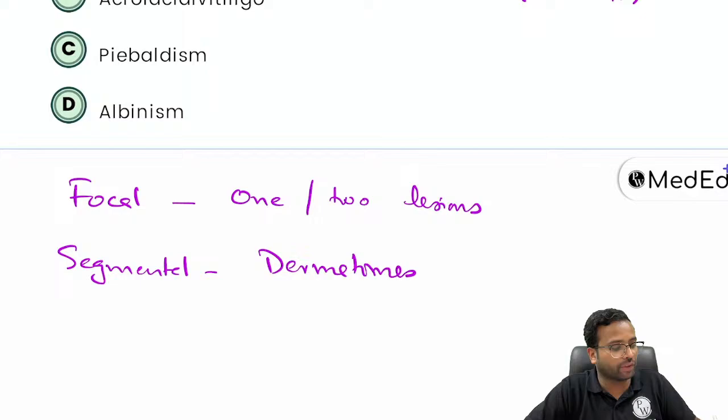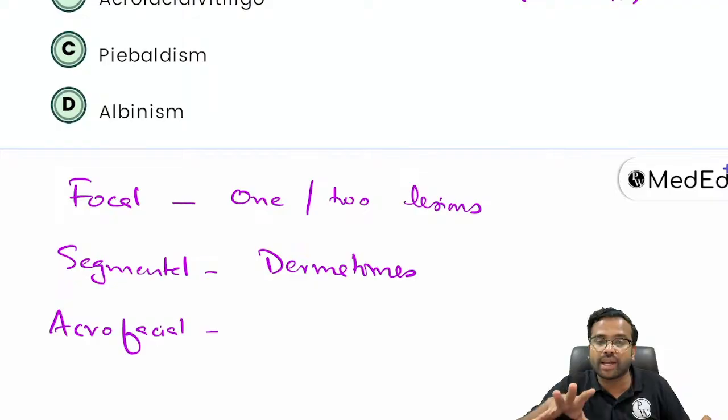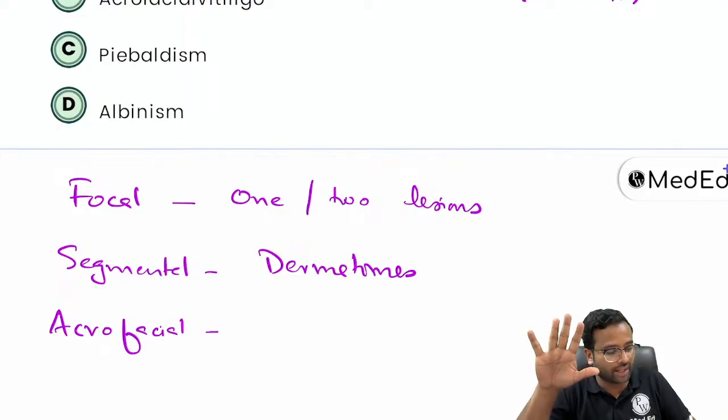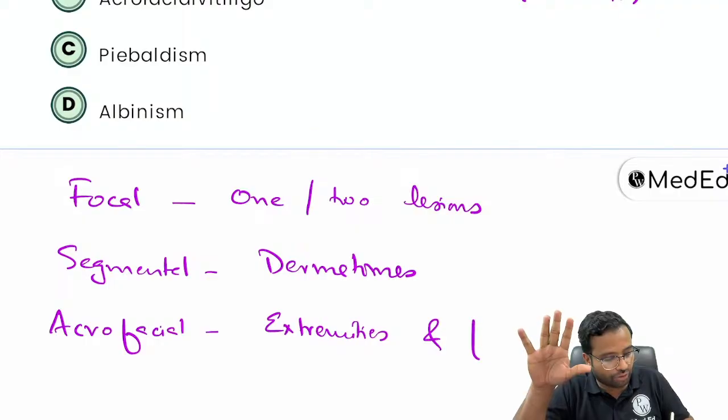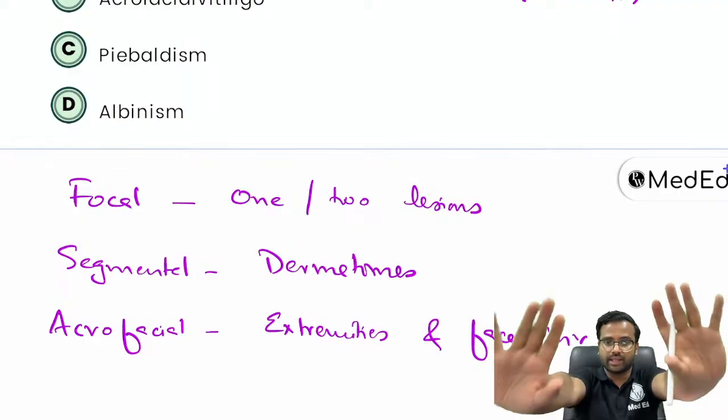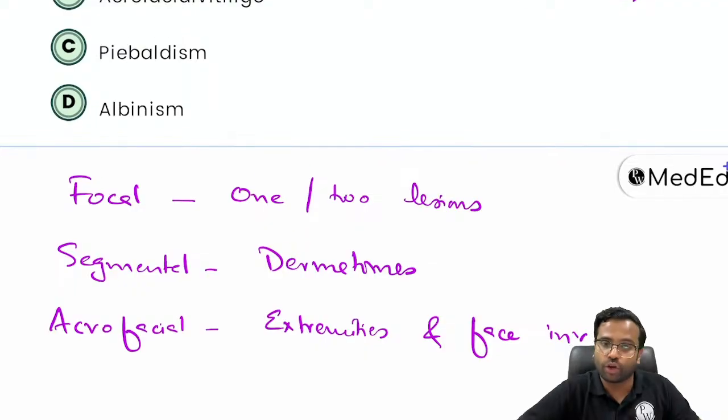Another type, which we can see in the options itself, is acrofacial. Acral means extremities and facial means face, so when the face and the extremities are involved, it is acrofacial.